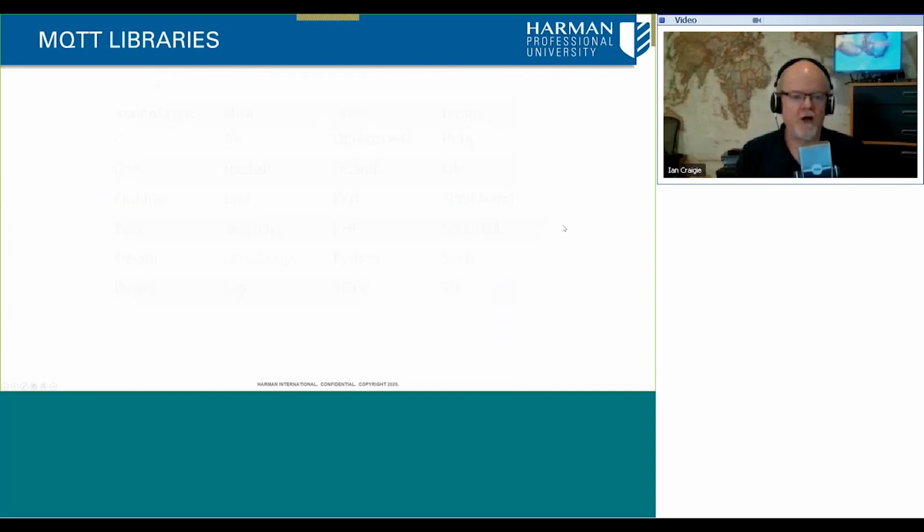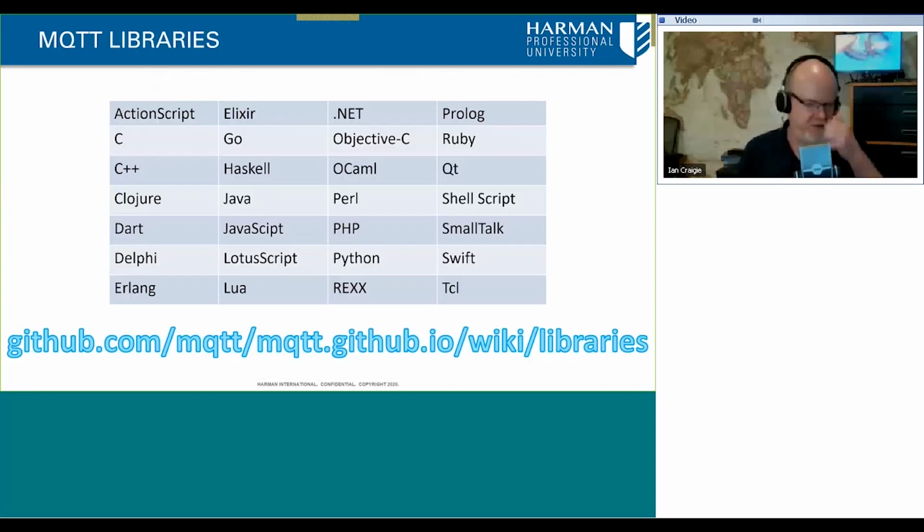With regards to the libraries that are out there, this is just a small selection of them. Again, there is a curated and managed repository in the MQTT wiki on GitHub, where there is access to all of the libraries for all of the languages, and there's typically more than just a single option for each of the languages that are supported.